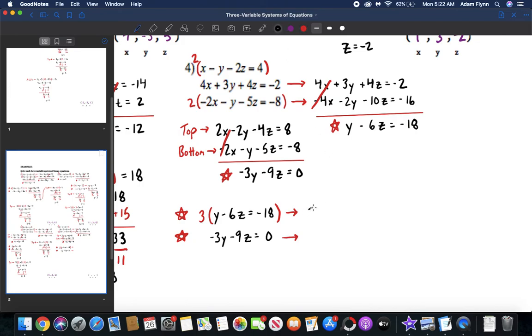So when I do that, I'm going to have 3y minus 18z equals negative 54. My bottom equation I'm just rewriting, negative 3y minus 9z equals 0.